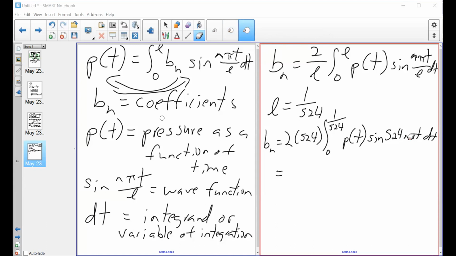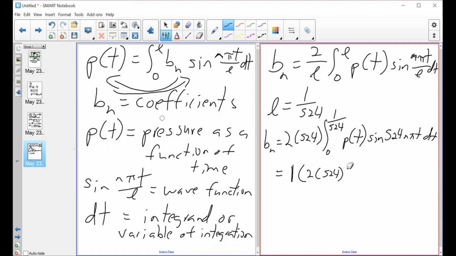Okay, so like I said before, these b sub n coefficients are going to be solved by using this whole integral. It goes from 0 to this length L, and that length L is broken up into two pieces that are held by the upper bound, which is at 1. And that's going to be multiplied by this 2 times 524, and that's going to be an integral from 0 to 1 over 1048.